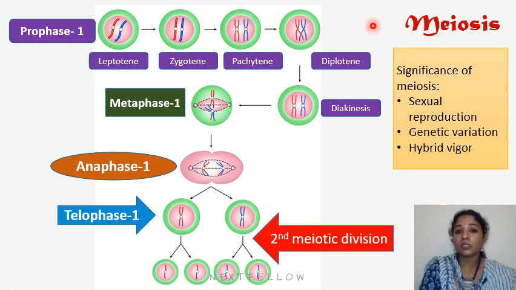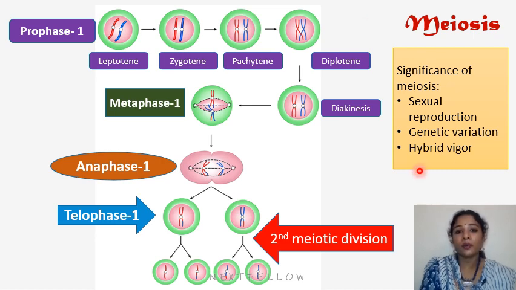This causes individual variations within the species. So we are not totally identical to our parents; we have some unique features of our own. That is because of crossing over of maternal and paternal genes, and this causes individual variations within the species, which is very much essential for evolution.